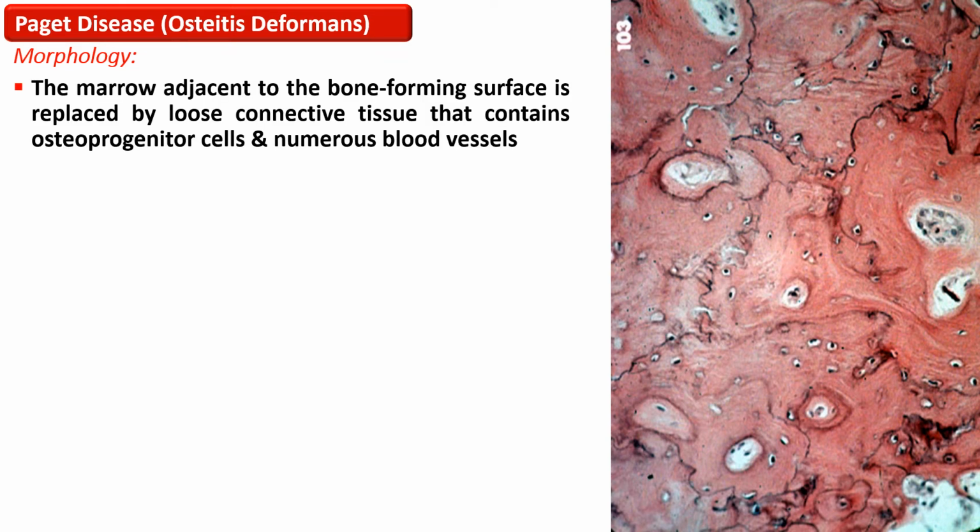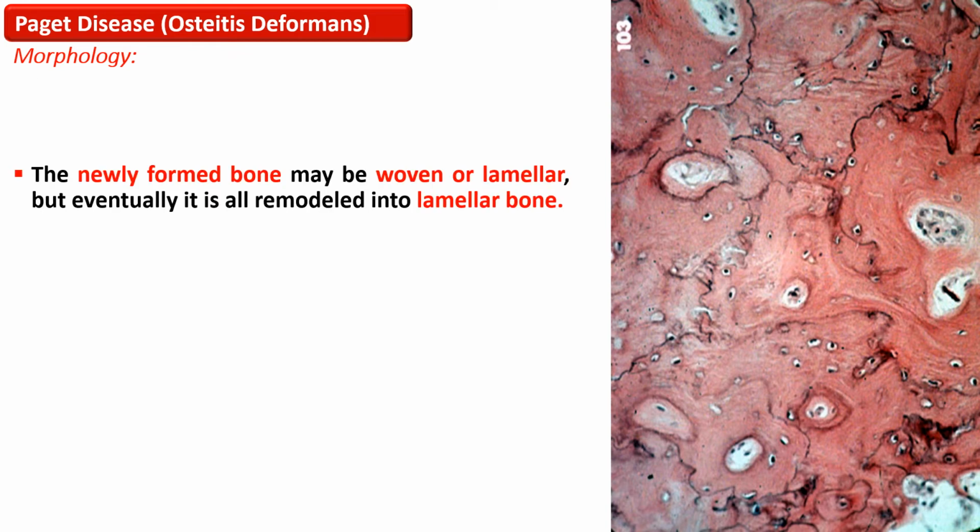So first, there is replacement of marrow adjacent to the bone forming surface by loose connective tissue having osteoprogenitor cells and numerous blood vessels. First, woven bone is formed, and then the woven bone is ultimately replaced by lamellar bone.